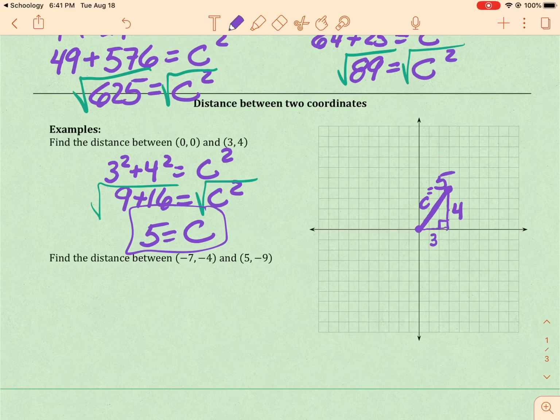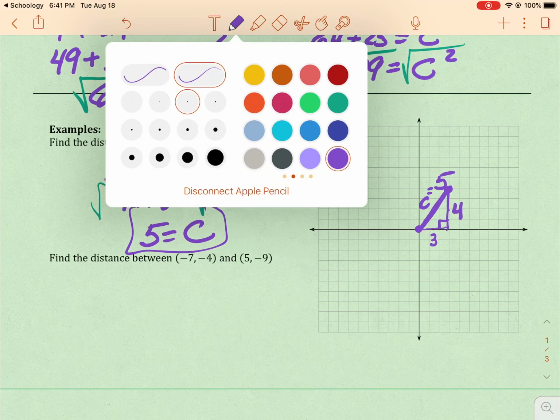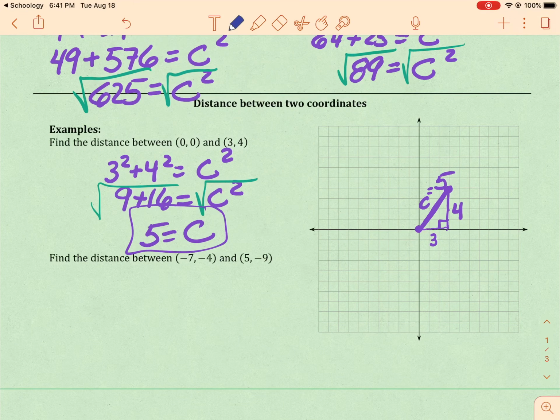Getting a little tougher, look at where (-7, -4) is. Right there. And then (5, -9) is right down there. So we're trying to find the length of this distance.